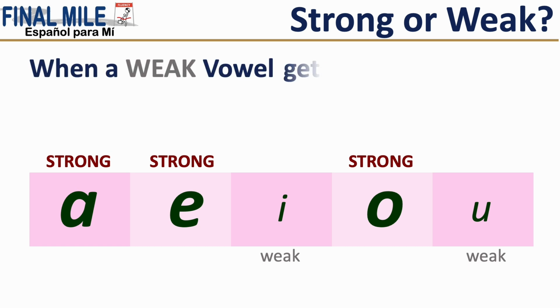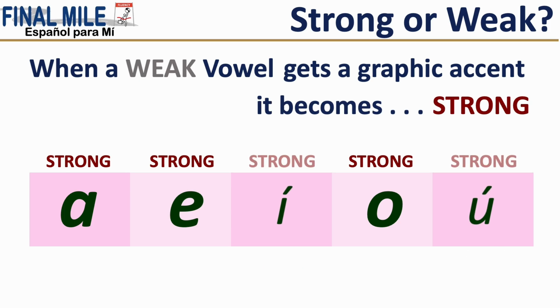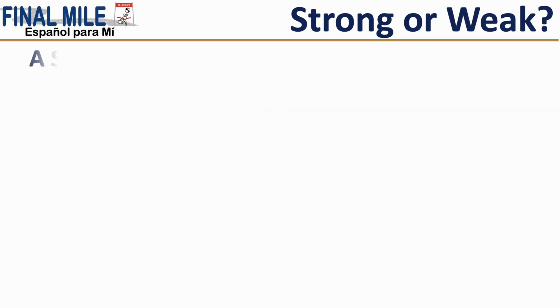However, when a weak vowel gets a graphic accent, it becomes strong. And we will find out why it matters in just a moment. Okay, so you remember A, E, and O are always strong. I and U are weak unless they have a graphic accent on them.